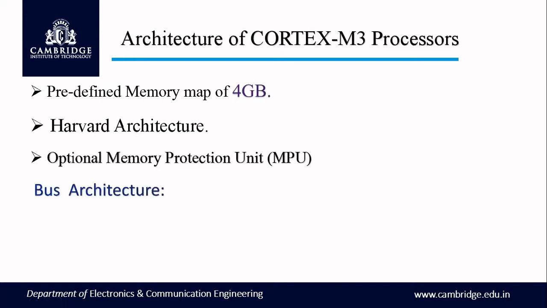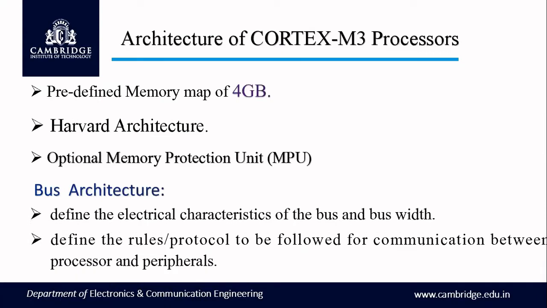Next, coming to the bus architecture, the medium through which the data and the code have to travel. The bus architecture can be broadly divided into 2 levels. The first level is the physical level, wherein we define the electrical characteristics of the bus, the medium through which the data or the code has to travel. In the second level, we define the rules or protocols to be followed for proper communication to happen.